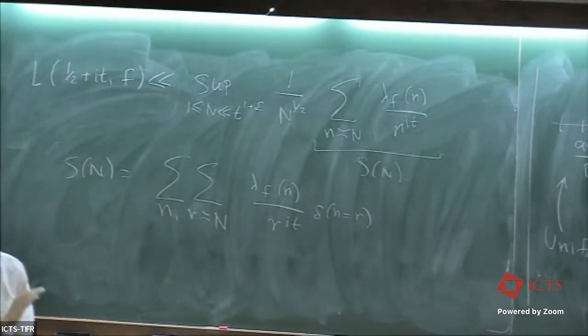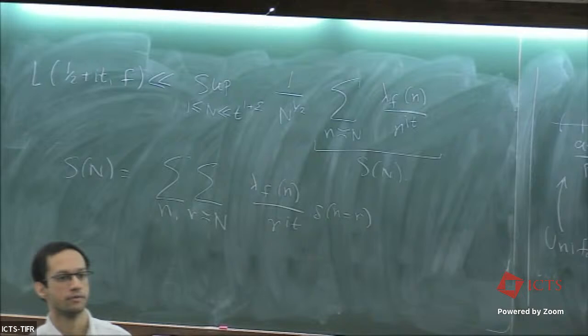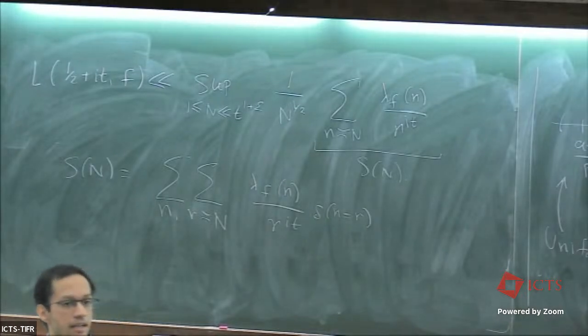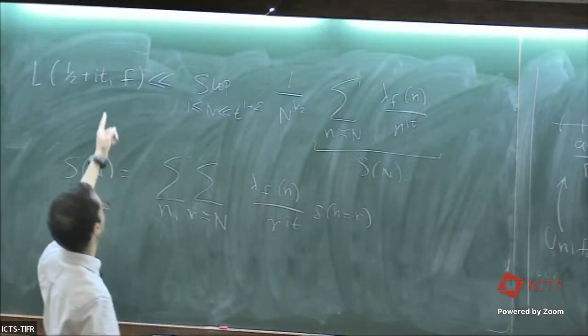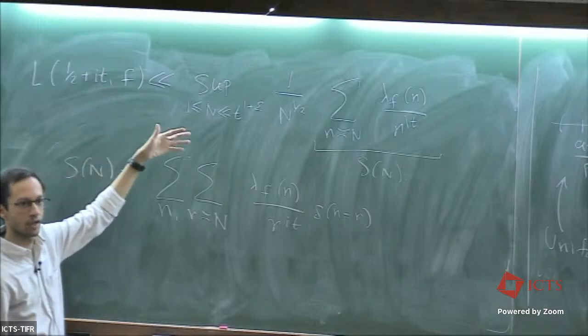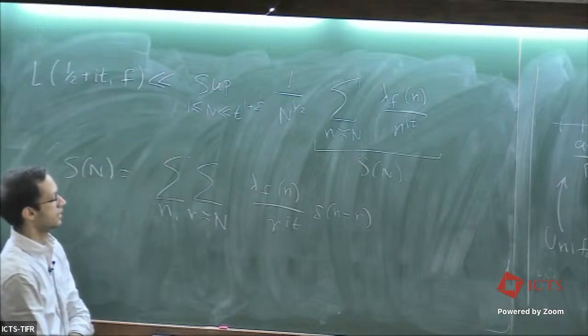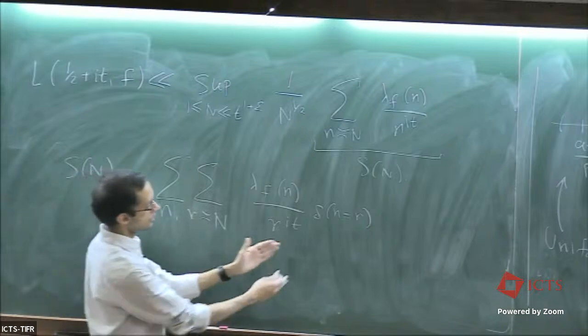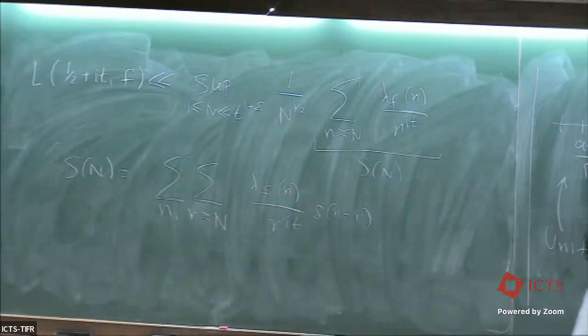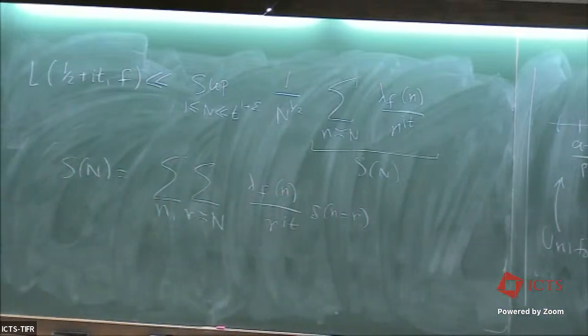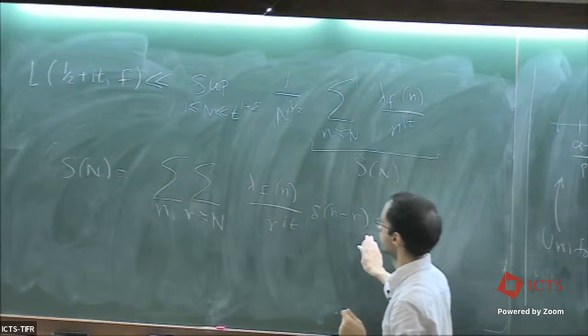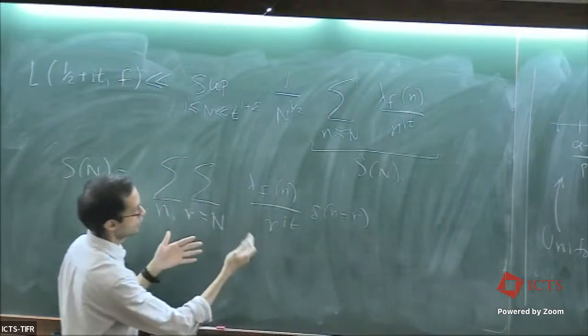Here, I'm just looking at the L function of a holomorphic form. So I do have the Archimedean character, if you will. I don't have any non-Archimedean parts. And we are going to use the delta symbol that is written right here, and then do the analysis and try to show a good bound.